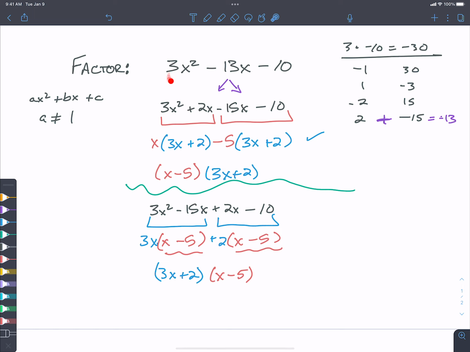So if you've got a number in front of here, you look to see what is common. What do you multiply together? 3 and negative 10. 3 times negative 10 equals negative 30. It's actually the same as when you factor without a number right here. If that were gone, we'd look at the factors of negative 10.